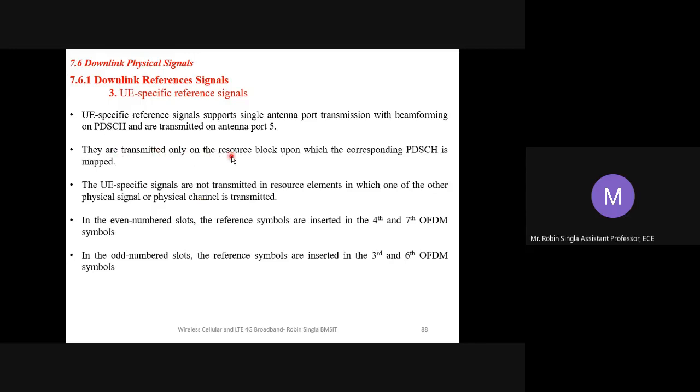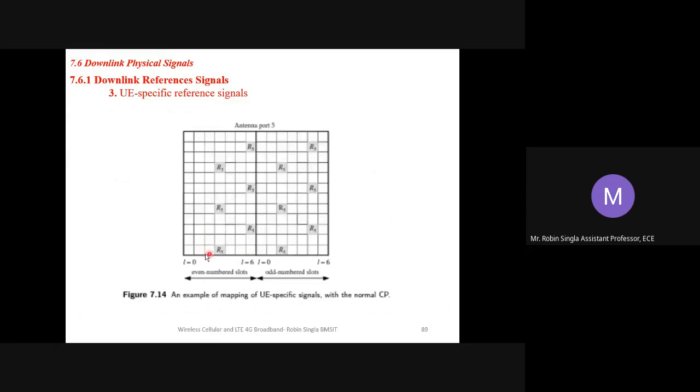They are transmitted only on the resource blocks upon which the corresponding physical downlink shared channel is mapped. The UE-specific signals are not transmitted in resource elements in which one of the other physical signals or physical channels is transmitted. In the even-numbered slot, the reference symbols are inserted in the 4th and 7th OFDM symbols.